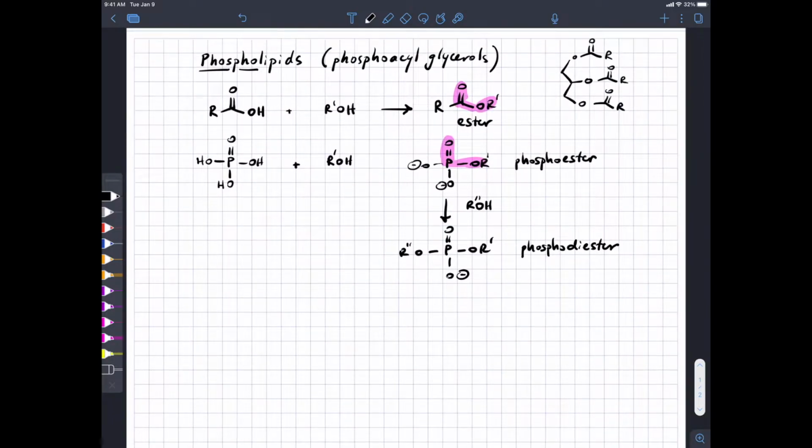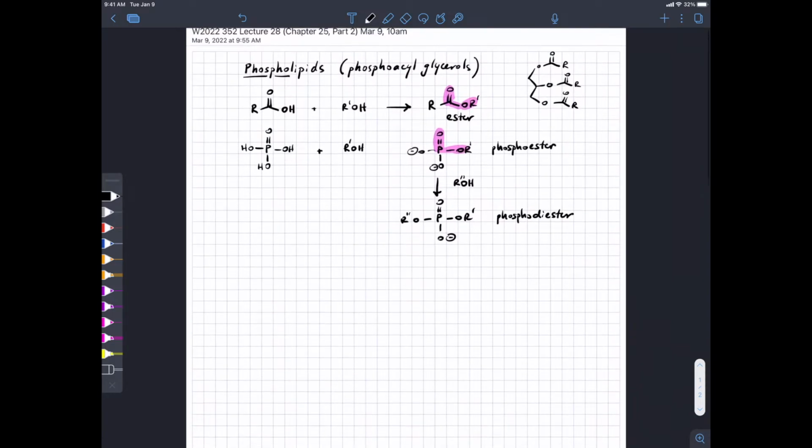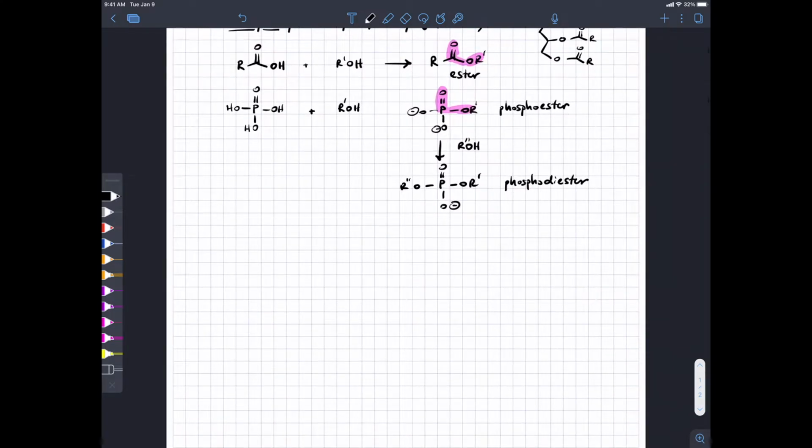Because to make a phospholipid, we basically take a triacylglycerol conceptually and remove one of the carboxylic acid groups. And then we make a phosphoester out of it. So let me show you the basic structure of a phospholipid.